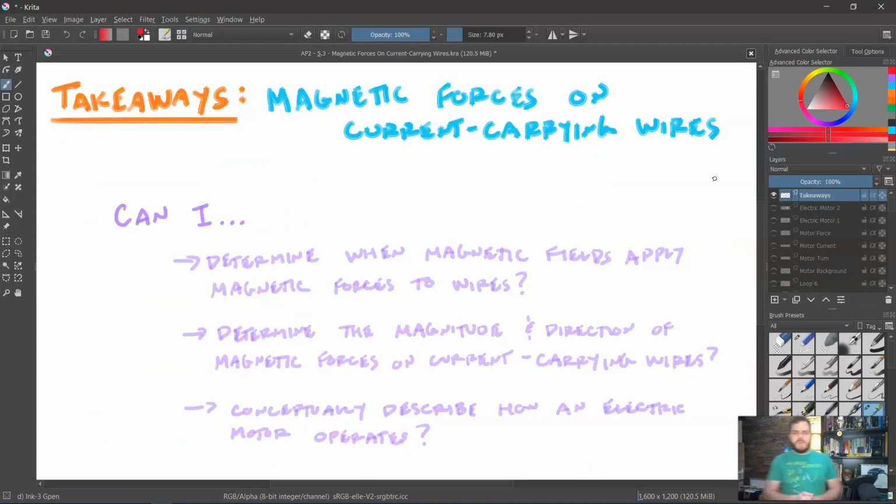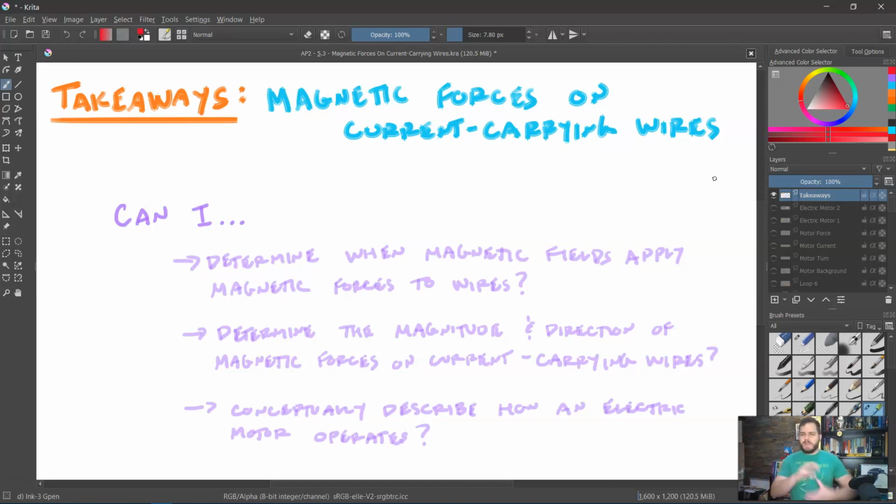So what are our main takeaways for magnetic forces on current carrying wires? Well, one, can we determine when magnetic fields apply magnetic forces to wires? AKA when there's a current and when that current is perpendicular to the magnetic field. Can we determine the magnitude of the magnetic force on a current carrying wire by using Fm equals ILB sine theta, and we can determine the direction by using our right hand rule, remembering that our thumb is the direction of the current, our fingers are the direction of the magnetic field, our palm is the direction of the magnetic force.